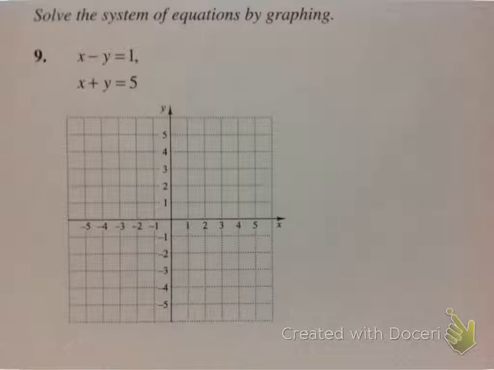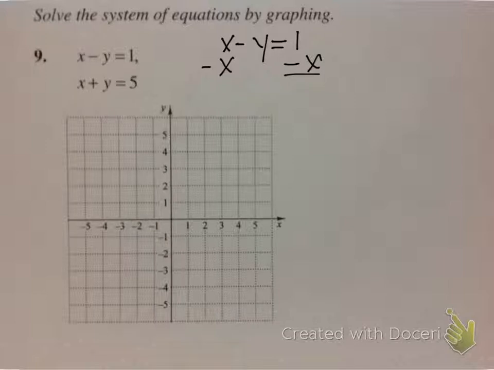In order to graph, you can graph any way that you like. You can graph by point plotting, you can graph by intercepts, or you can graph by slope-intercept. I tend to prefer slope-intercept form, so I'm going to get both of these equations in slope-intercept form. And that means I'm just going to solve both of them for y.